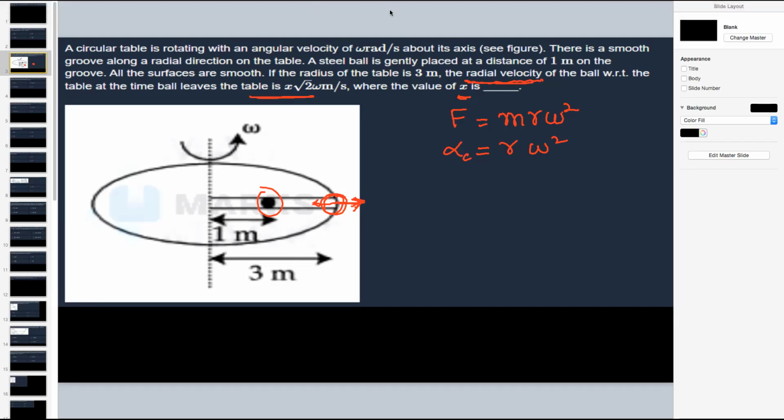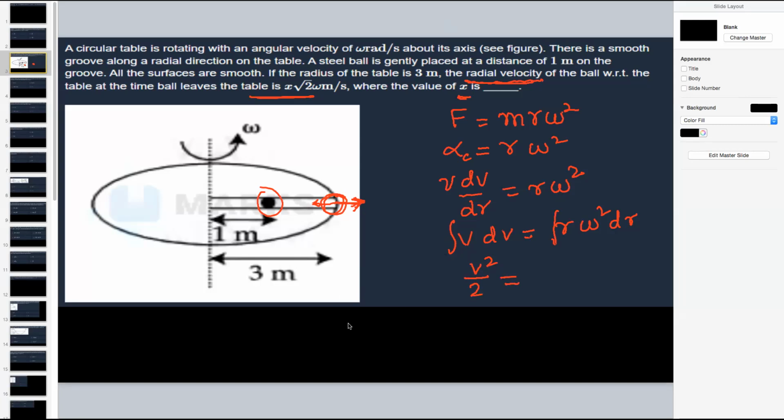Now think about it. v dv by dr equals r omega square. So integration of v dv equals this. What is integration of v dv? Yes, v square by 2.